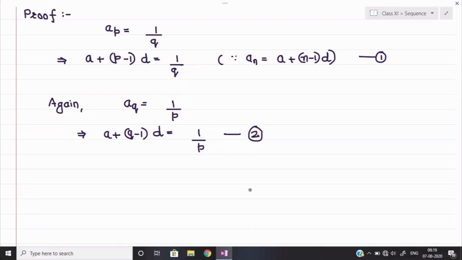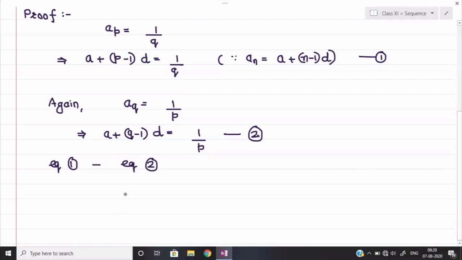So our initial job here is to find the value of A and D. I am solving equations 1 and 2, and for solving I am eliminating the variable A. So from equation 1 I am subtracting equation 2. You can do the opposite also: from the second equation you can subtract the first.